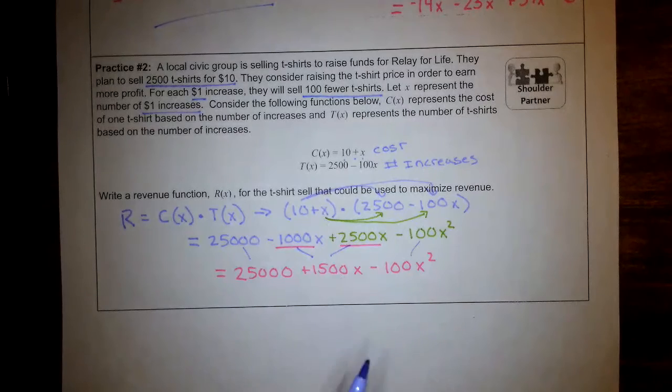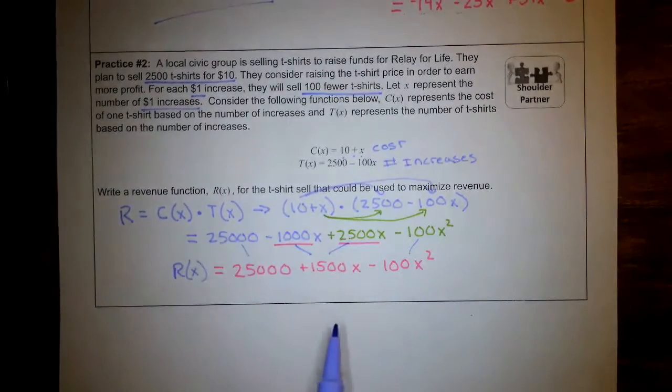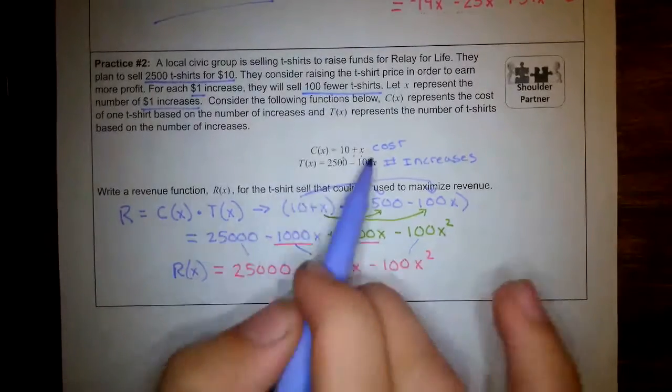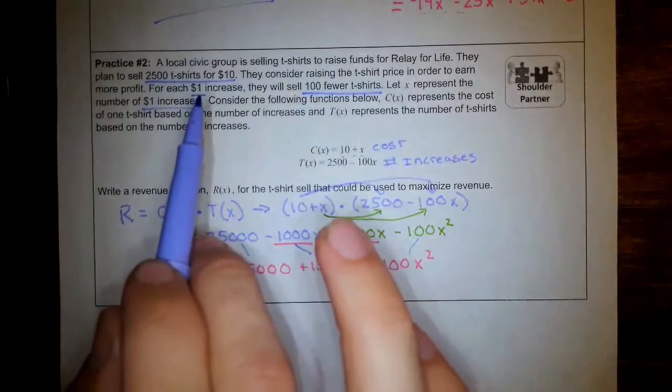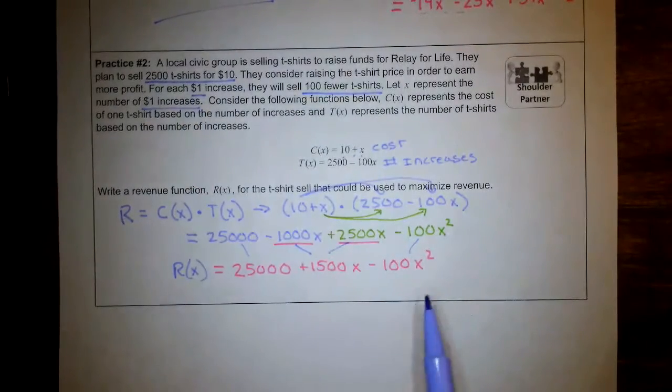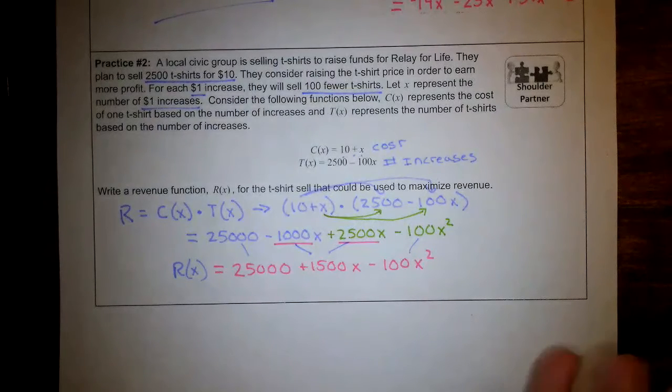So the revenue function, or R of X, in regards to all of this information up here, where t-shirts are $10, but we're increasing it by $1 each time. This is what we would use to try to maximize your profit. All right, if you're going to be like a small business owner, trying to sell anything, you will want to maximize your profits, but sometimes if you raise your prices, it might not be worth it.